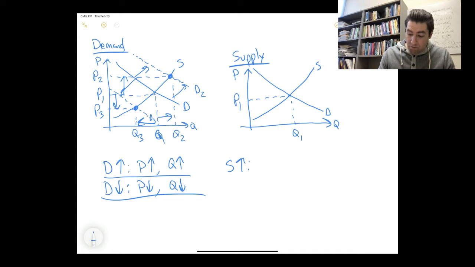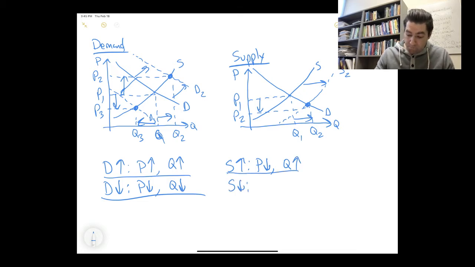If supply increases, shifts to the right, that's going to decrease the price but increase the quantity. The price goes down, the quantity goes up. If supply decreases, shifts to the left, the price goes up but the quantity goes down.